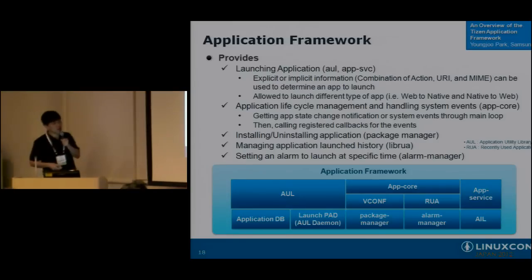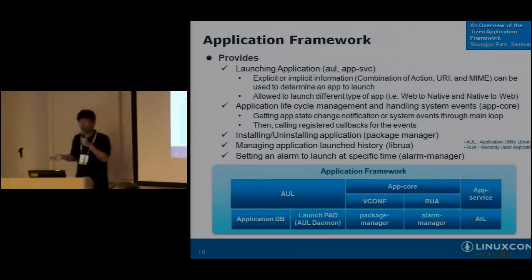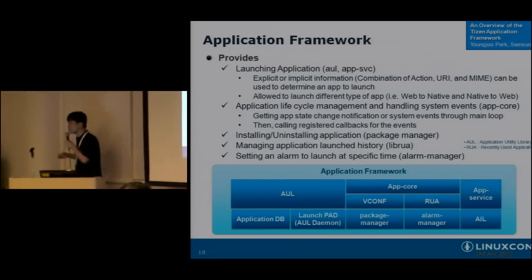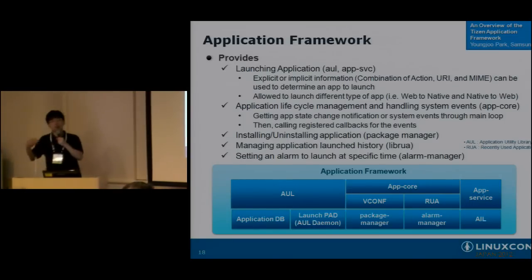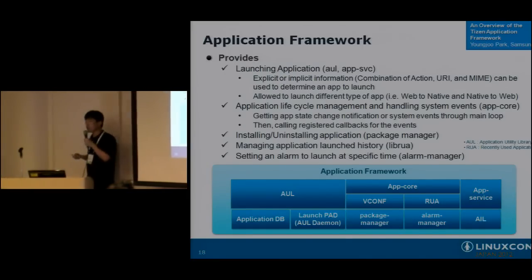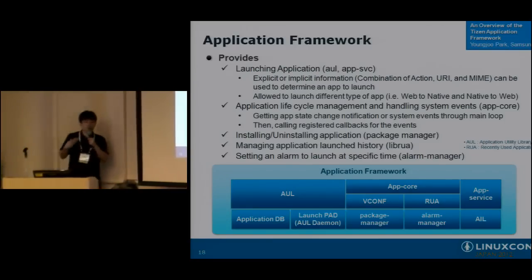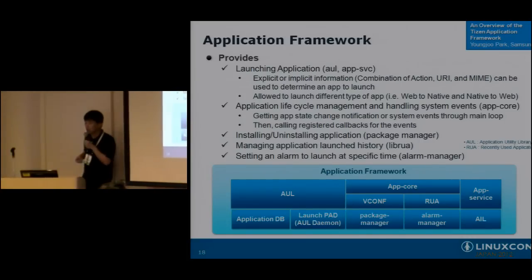This is the daemon process to launch your application, and based on the request, it will launch that application based on fork and exec. But we added some optimization to make the launch time fast, with some pre-link or pre-initialized technology.